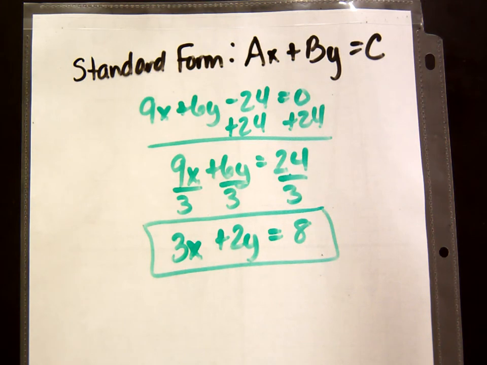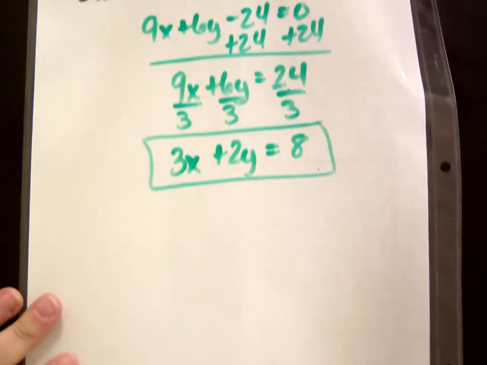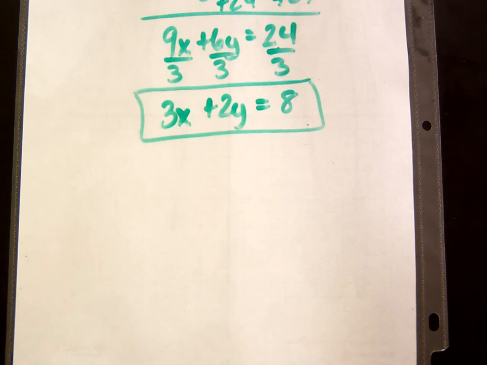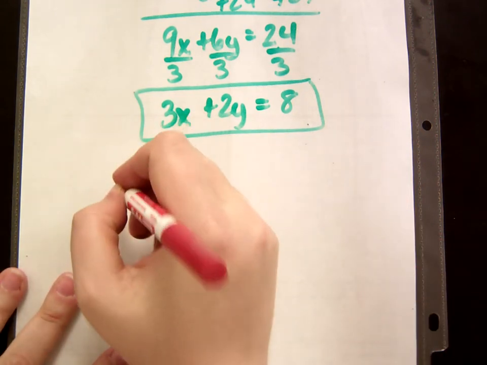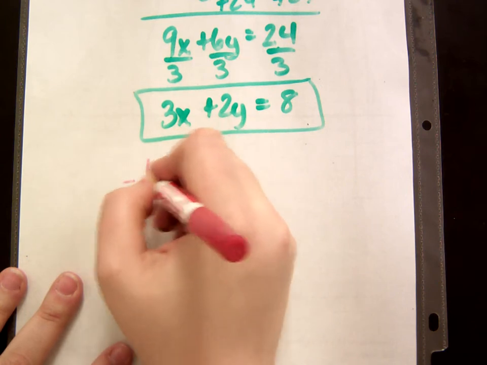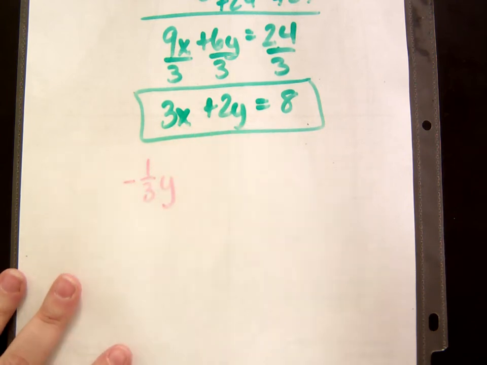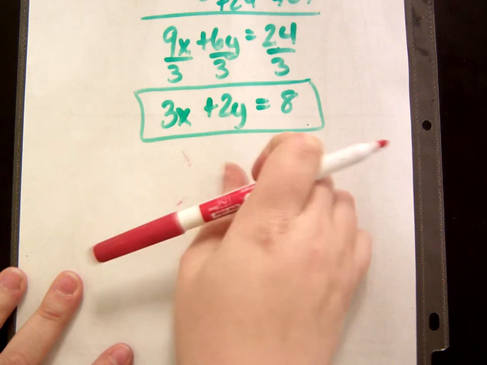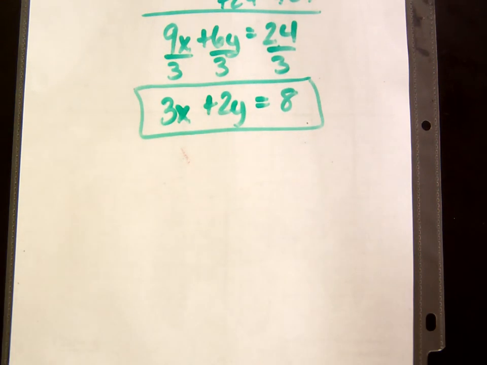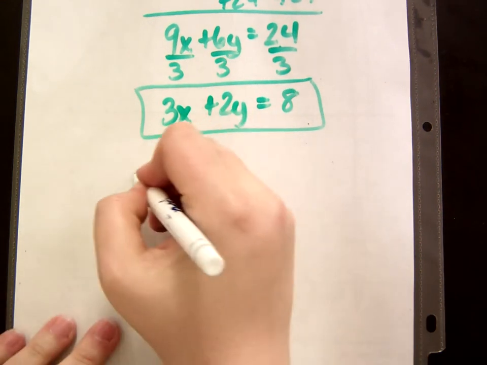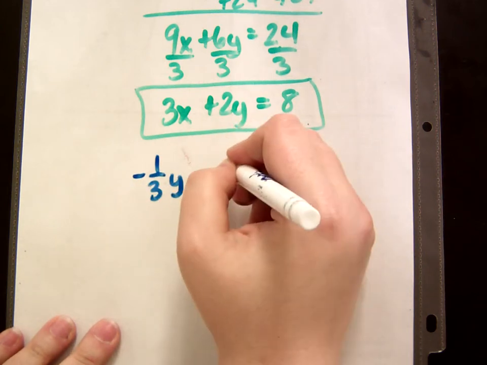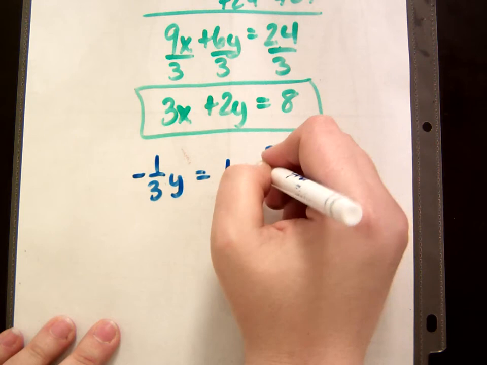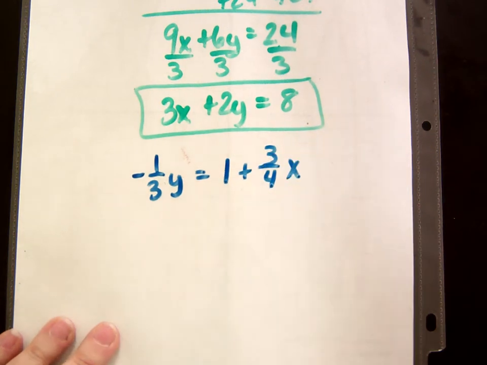Let's look at another one. Let's say I have negative 1/3 y equals 1 plus 3/4 x.